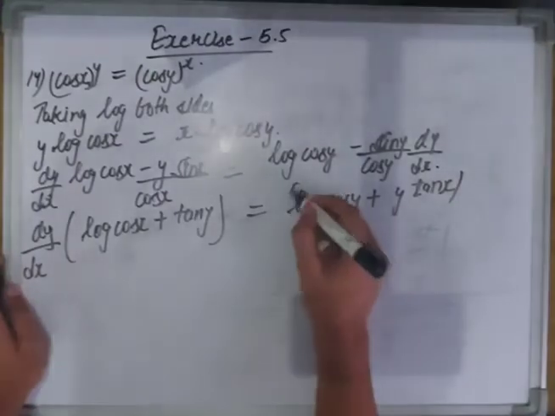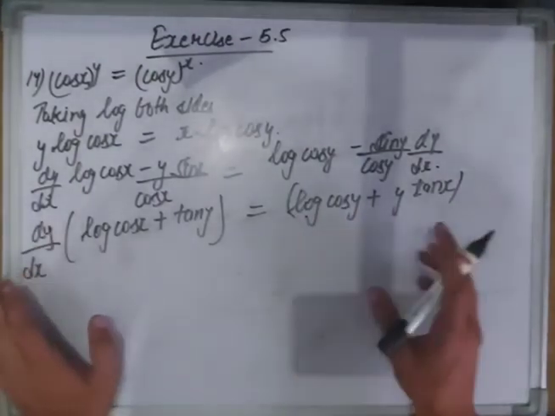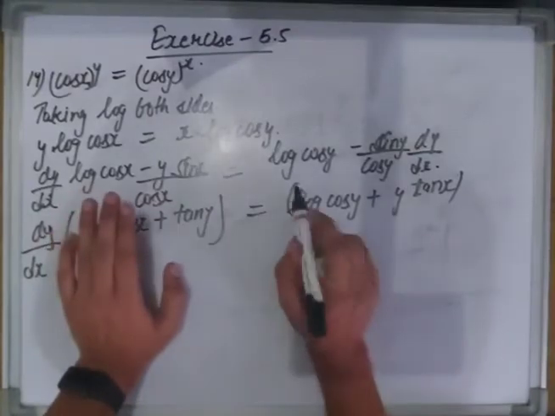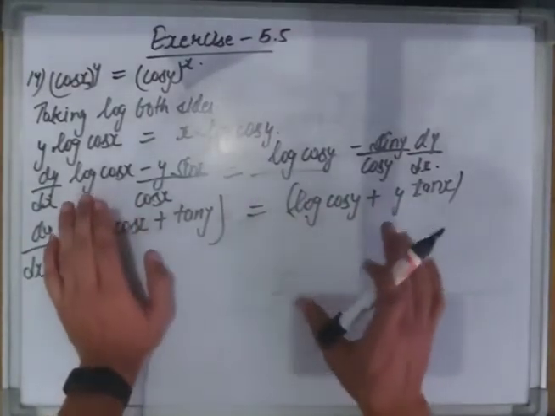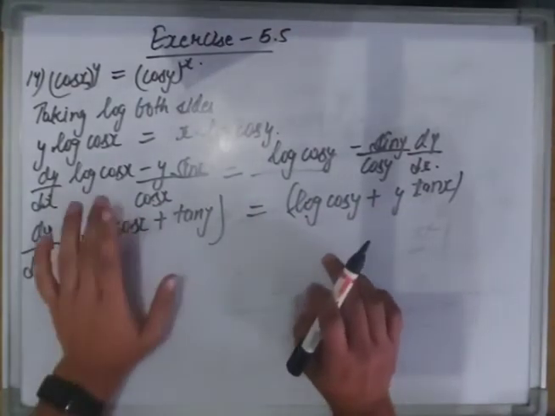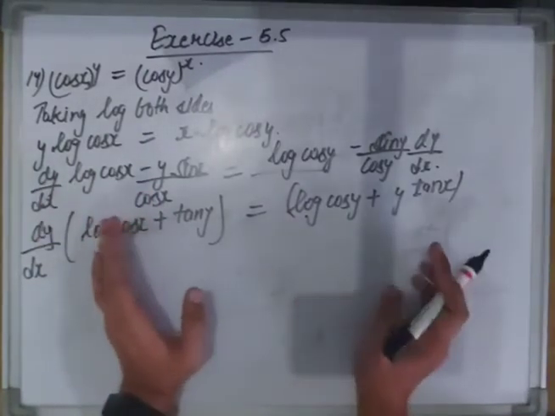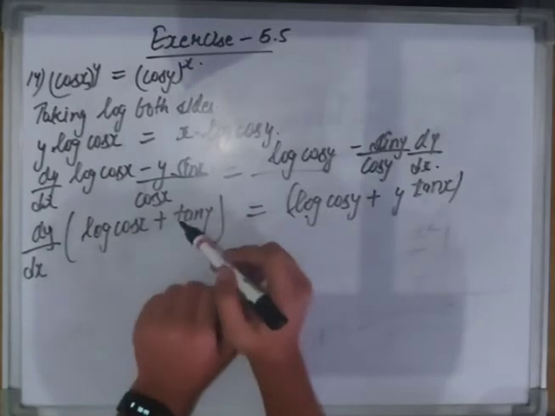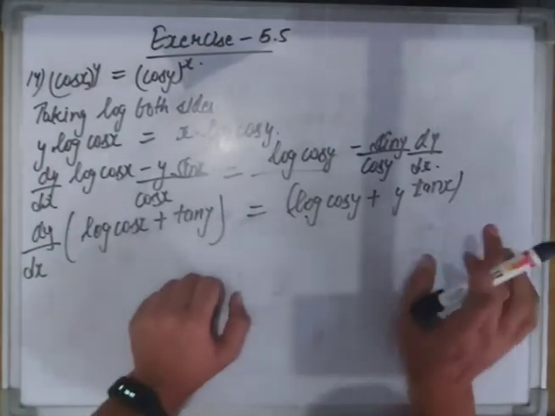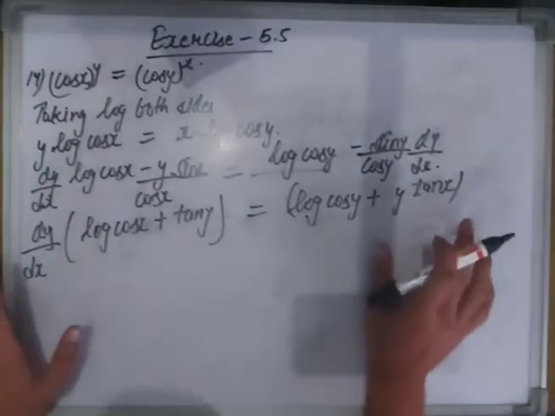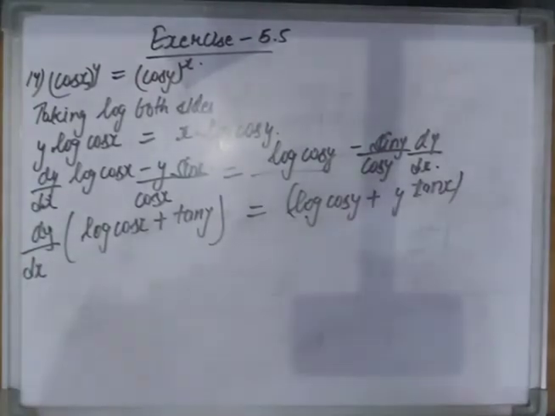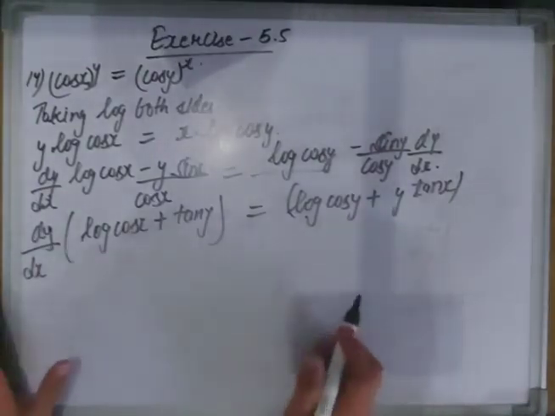Now I will explain how this log cos y plus y tangent x came here. Log cos y was already present here, so I have just taken this minus y sin x upon cos x to the right hand side, and you know that sin x upon cos x is tangent x. So what I have done is just taken common and simplified this a bit.